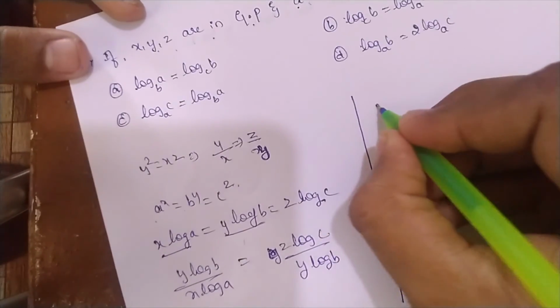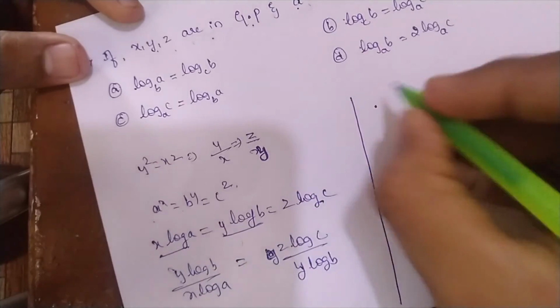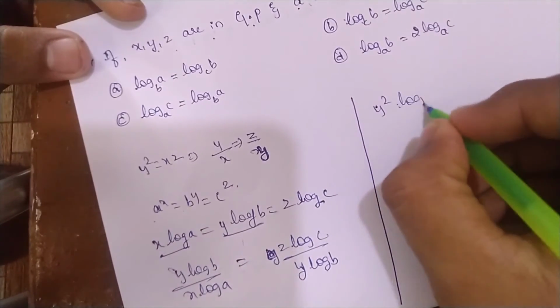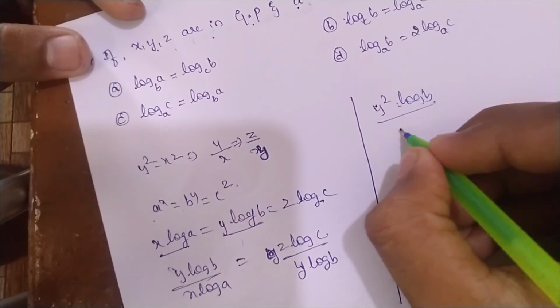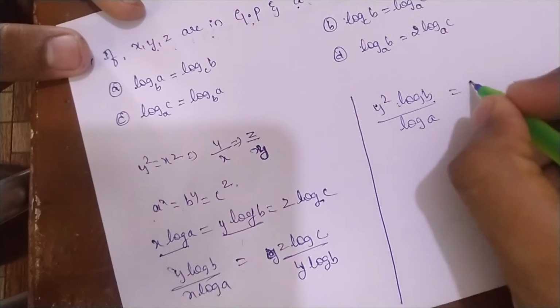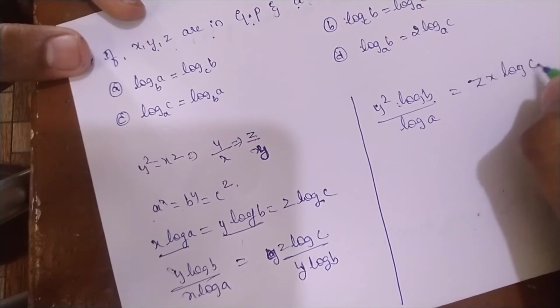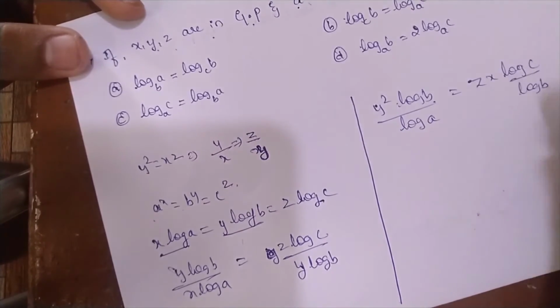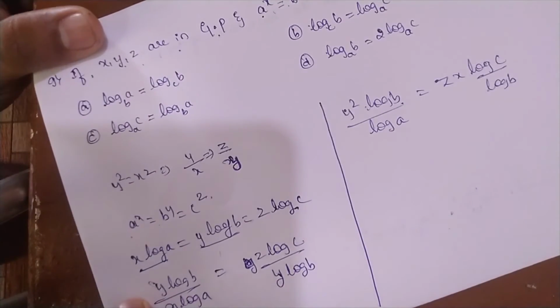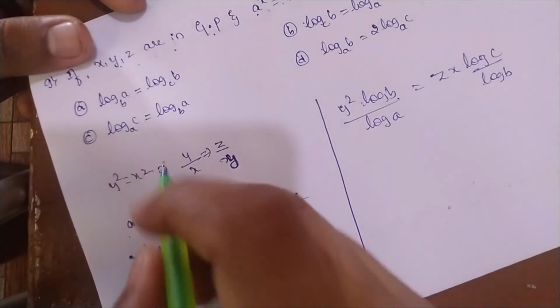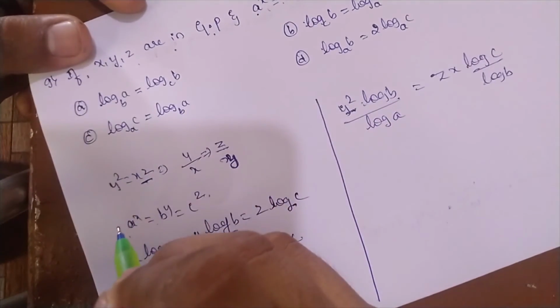So now take this: y square log b by log a equals zx into log c by log b. I multiplied y here, but the value of y square is xz, correct?